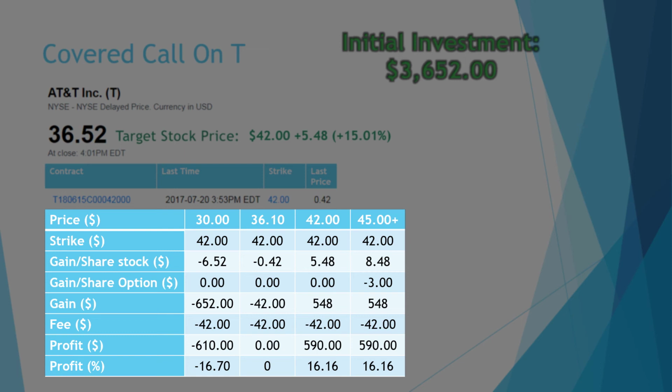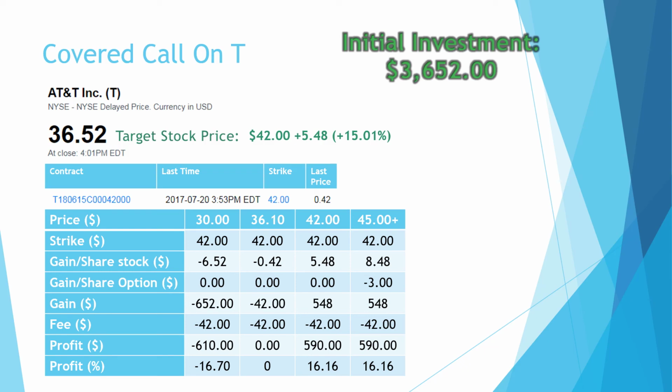Plus the $42 collected in premium, the result is $590 profit. Notice the return is the same as if the stock moves to $42 per share. In fact, as long as the stock moves above $42 per share, I will have my maximum profit.